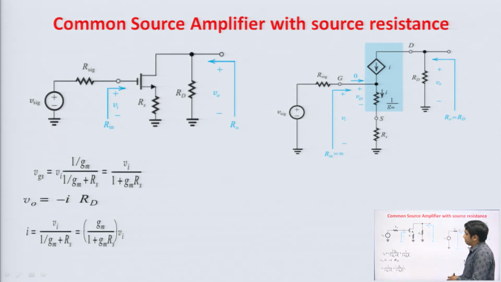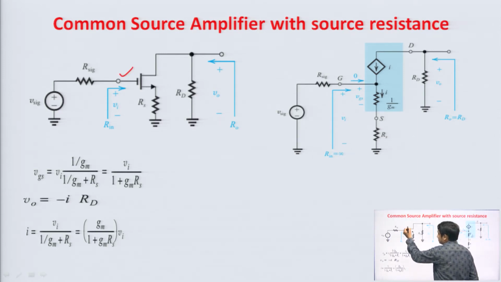So, I have already discussed that in different configurations where we apply the input, from where we take the output, fine. Like in common source amplifier, we apply the input signal at the gate terminal and we take the output from the drain terminal.